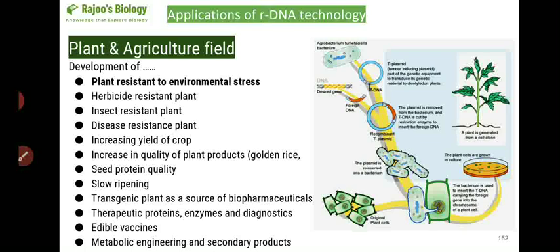To overcome this, it is possible to construct and design genes which enable the plant to grow under adverse conditions. So we can design plants which grow under stressed environments, acidic soil, alkaline soil, and drought conditions. So we see them one by one.